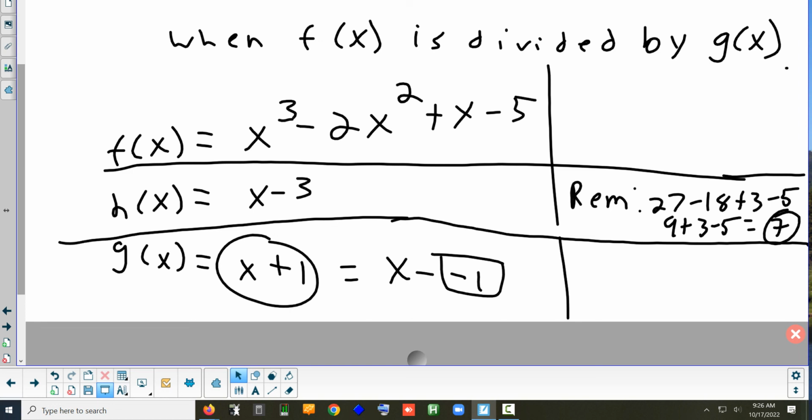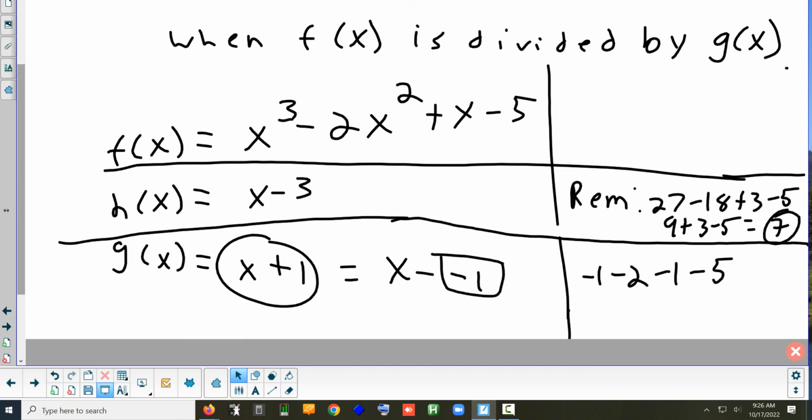Okay. So negative 1 cubed is negative 1. What's negative 1 squared? 1, times negative 2 is negative 2. Minus 1 minus 5. Negative 1 minus 2 is negative 3. Minus 1 more?